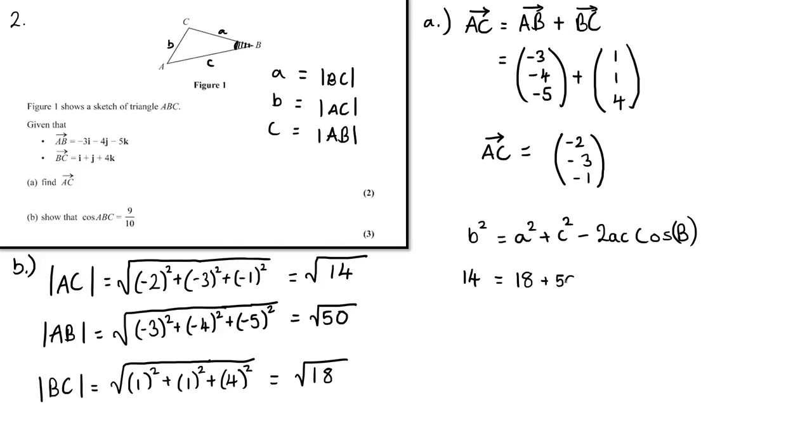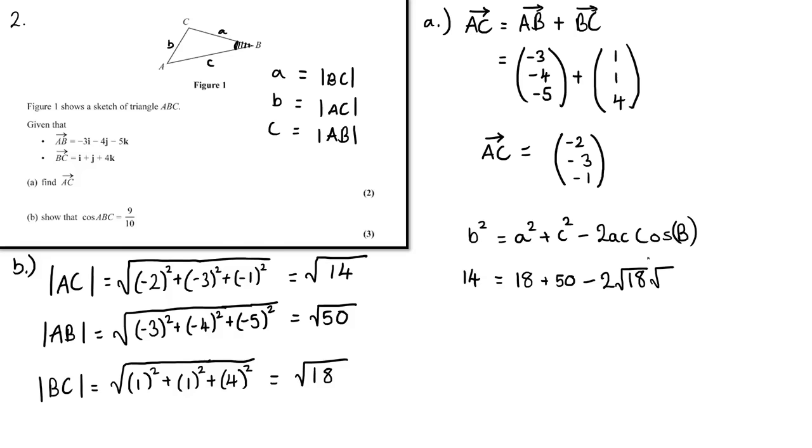So you can see the pattern that's forming here. Minus 2ac, so it's minus 2 times a times c. So a is the magnitude of BC, so that's root 18. So 2 lots of root 18 times, so that was root 18, that's BC here. And then we also need c. So which one was c?